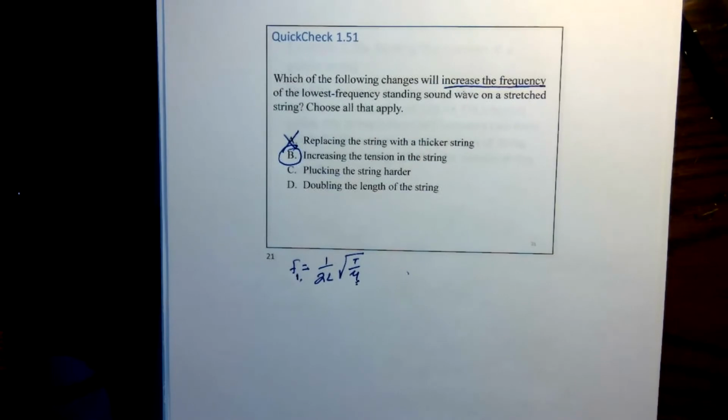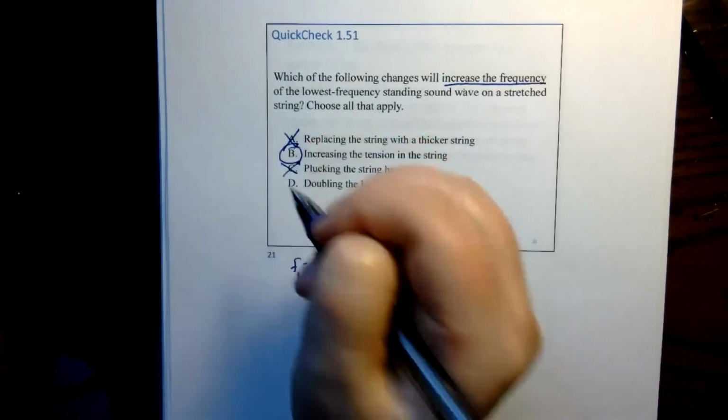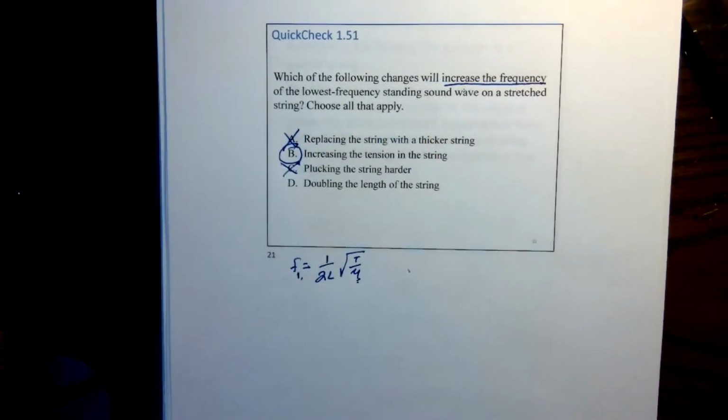What does C do? You pluck the string harder, what happens? That just changes the amplitude, right? Is there any part in this problem about amplitude? No. Amplitude does not change the frequency, so C does not matter. How about D? We double the length of our string.